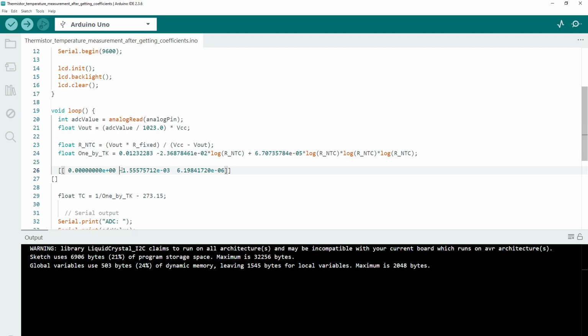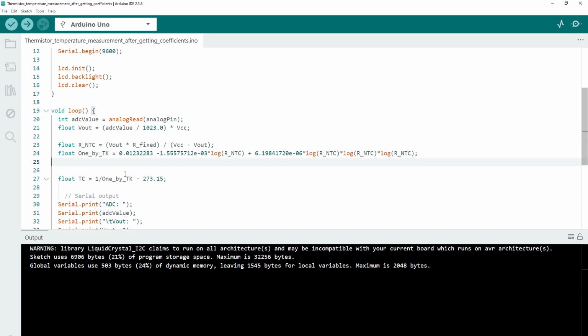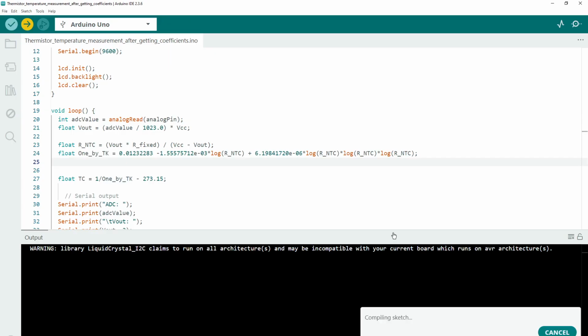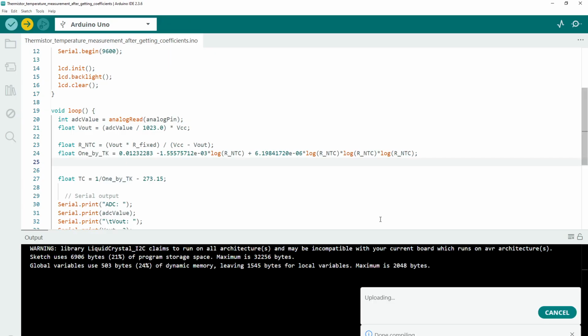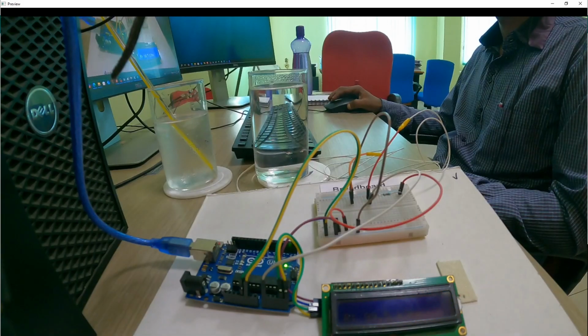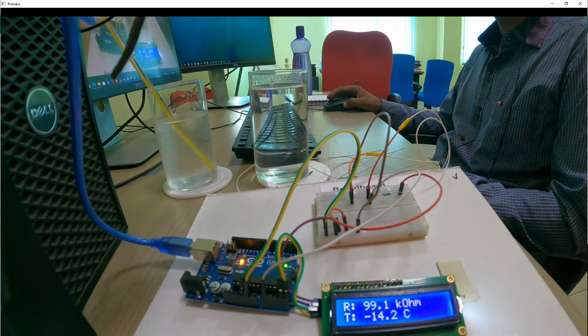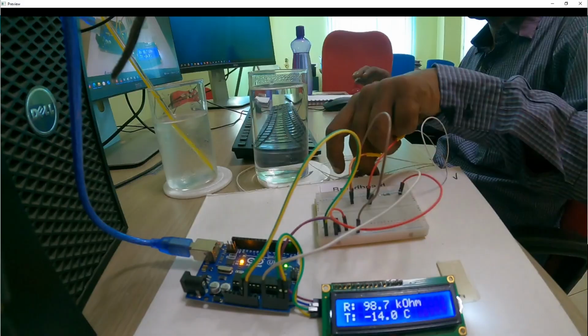Alright, I have pasted the coefficients over here, and now if I upload this code, it should be able to predict the temperature correctly.